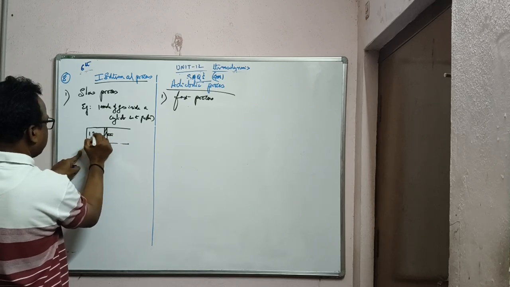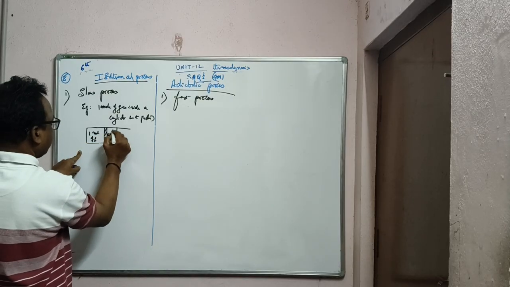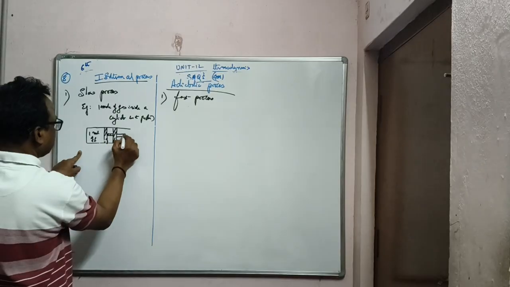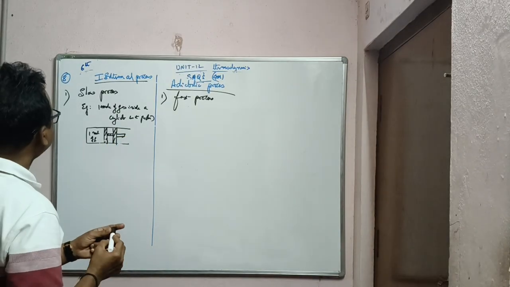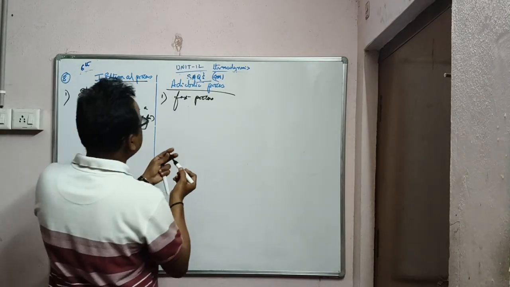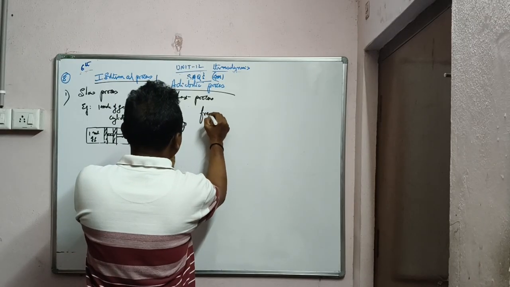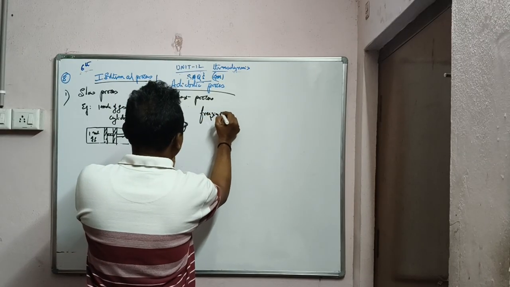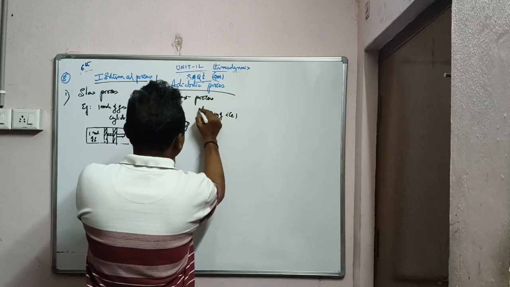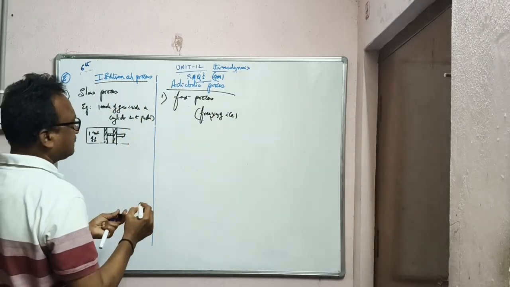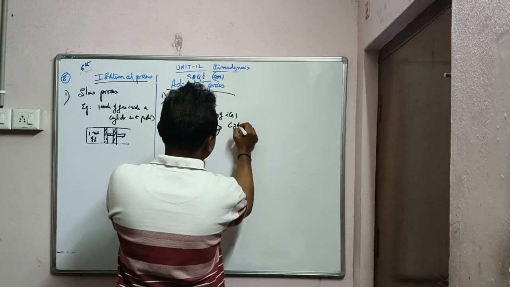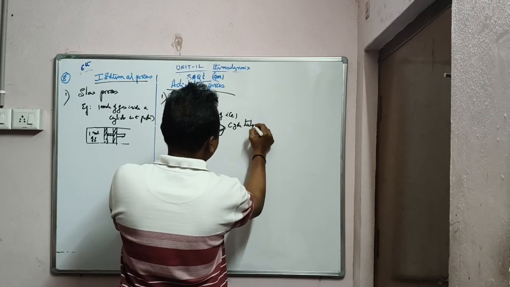One mole of gas moving from here to here. Okay? And for a fast process you can give the example of freezing of ice. Cycle tube bursting.